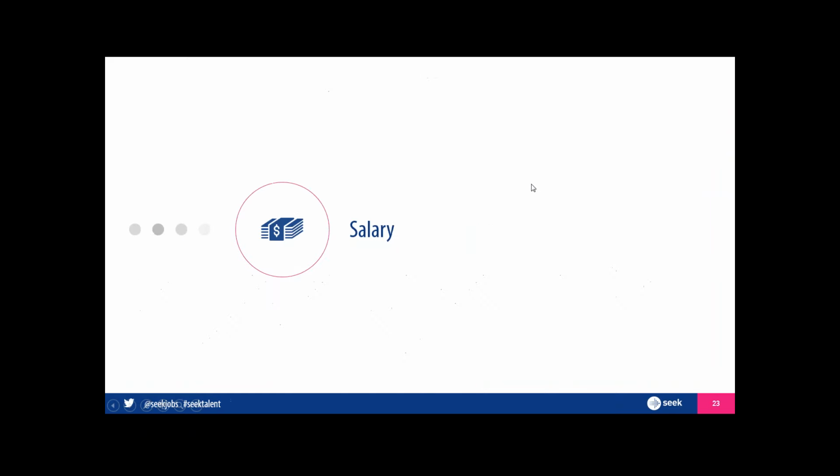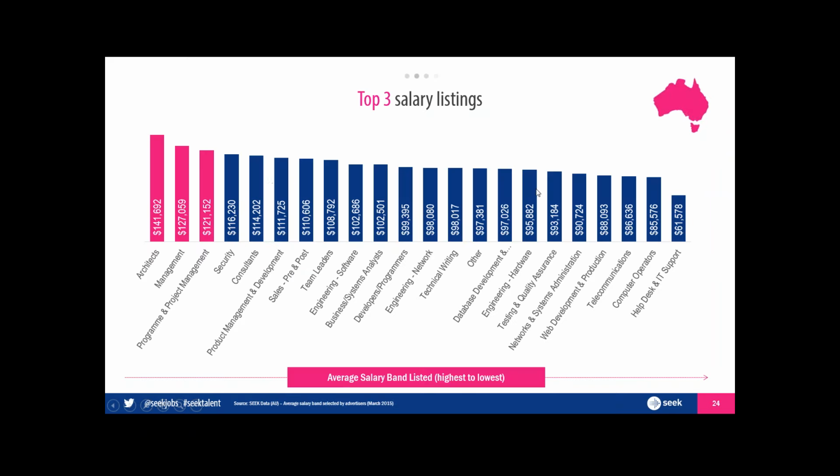Because if you are looking for someone in security and your hiring manager is only willing to pay $100,000, what you can say is, well, the average is 116. So we might not be hitting the mark. Maybe we need to move on salary. Maybe we need to consider what our benefits are, what our brand is, how we position that, and how do we make sure we message it accurately, because all this sort of stuff is going to be important.